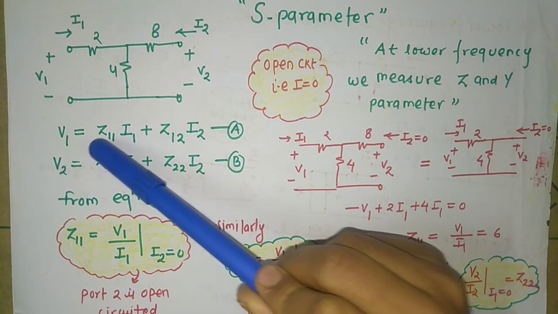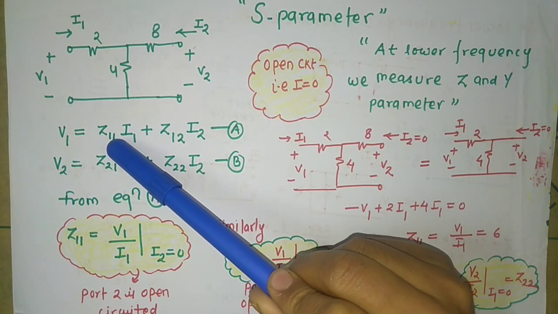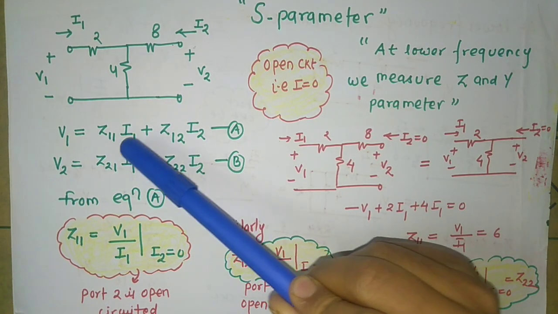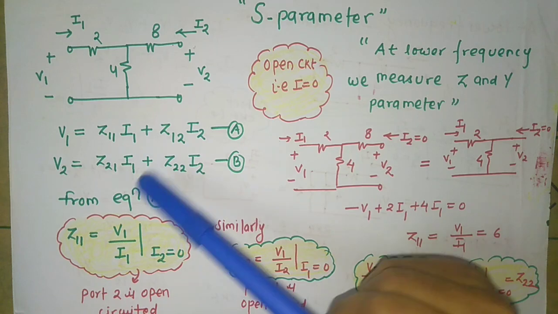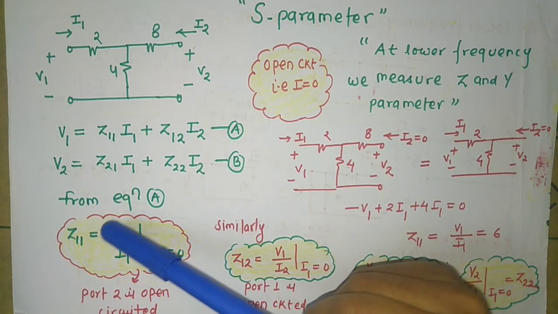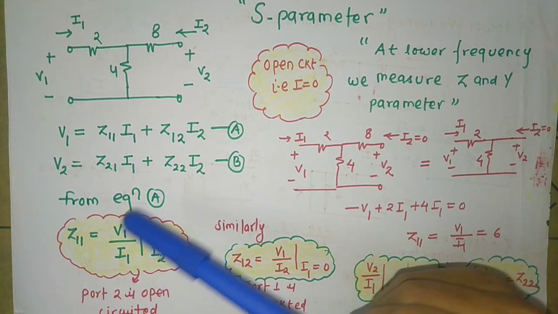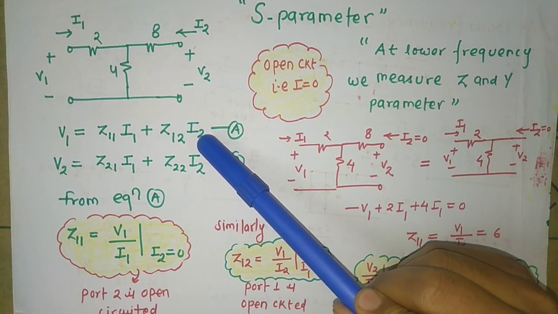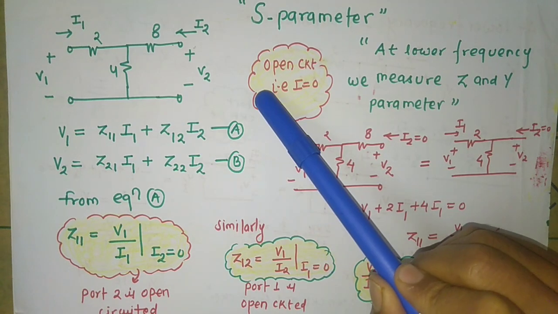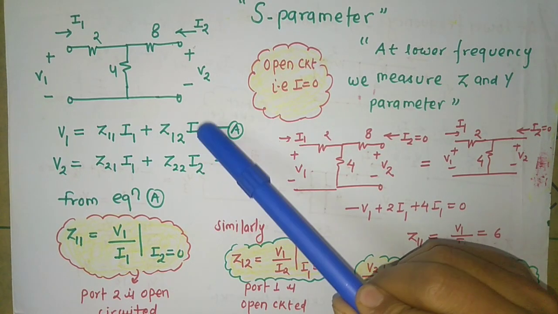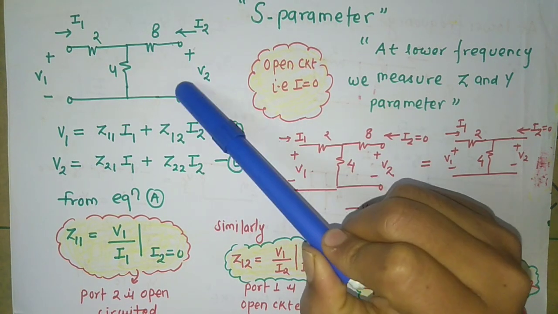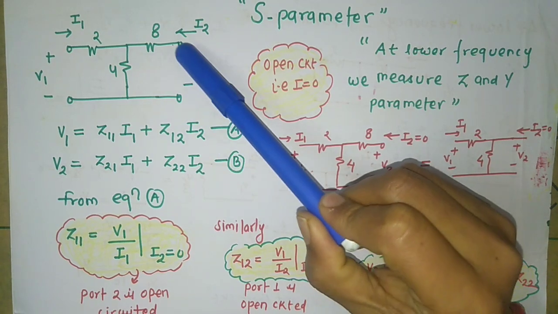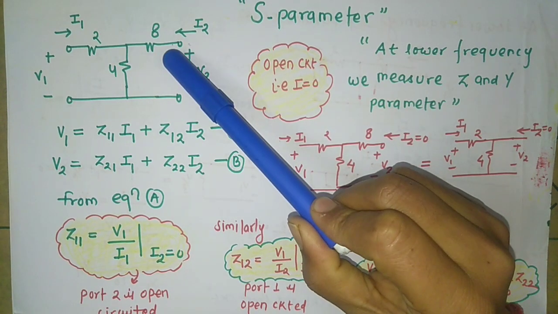If I want to calculate the value of Z11, then in this equation I will put I2 equals 0. If I2 is 0, then I can write Z11 equals V1 over I1. What do you mean by I2 equals 0? If I2 is 0, it means this port is open circuited.